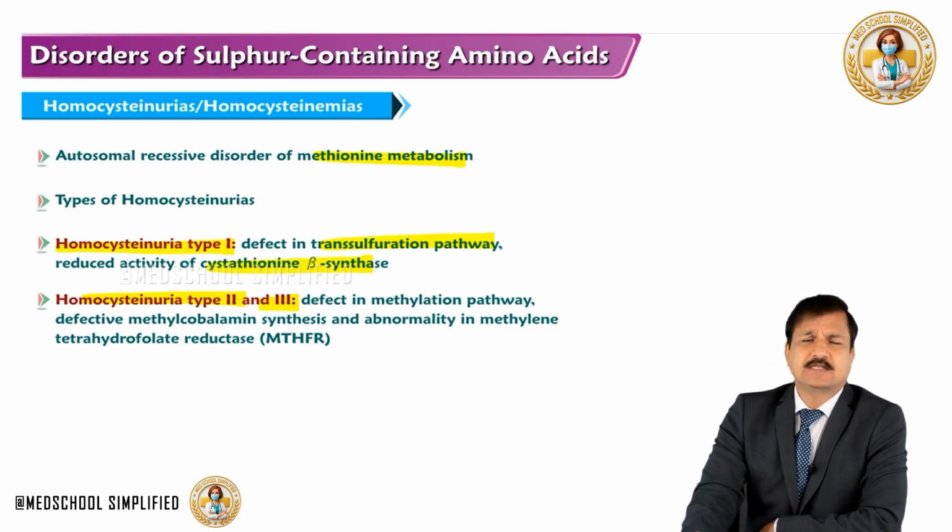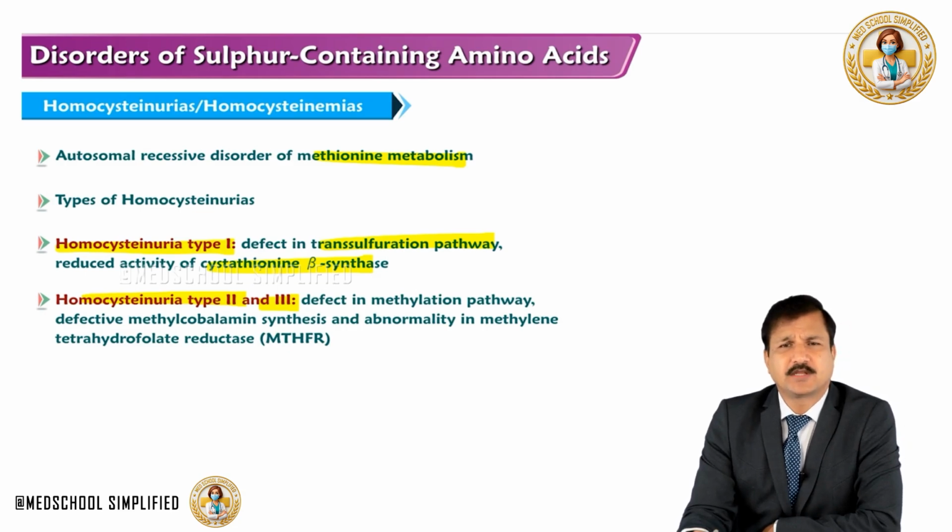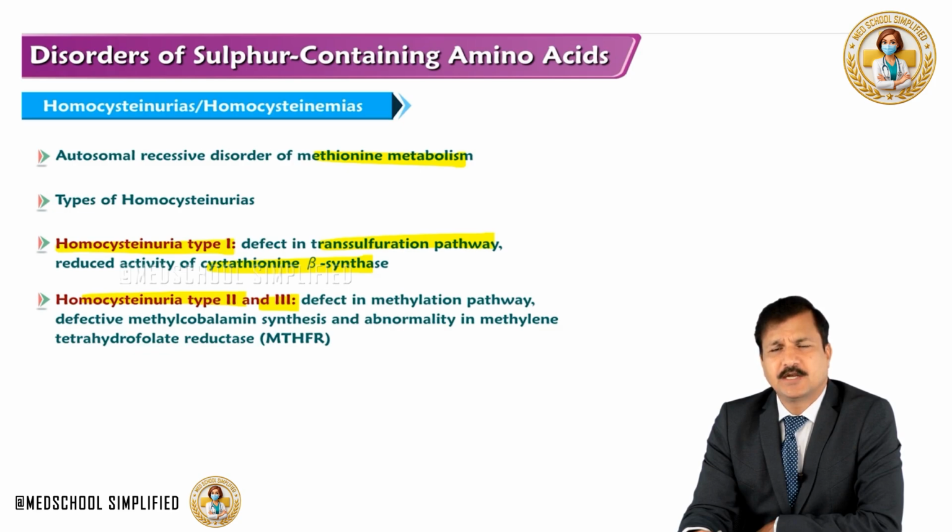We have seen this in the metabolism of methionine, where I explained in my earlier lectures how the sulfur present in methionine is transferred to cysteine. So there is a transsulfuration pathway where the sulfur of methionine is all the way transferred to cysteine, and in the transsulfuration pathway there is involvement of the enzyme cystathionine beta synthase that needs pyridoxal phosphate.